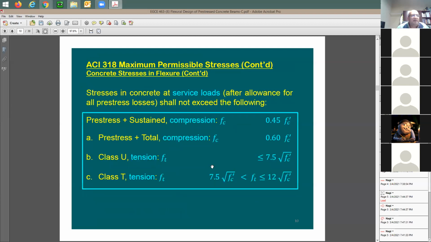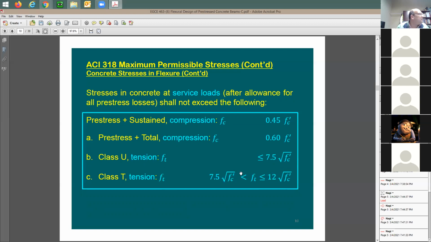You have the same thing if you like. If you have here this class U, which means tension, you need to keep the stresses within 7.5. It's gonna be uncracked. It's gonna be transition, between these two values. It's gonna be cracked. It's gonna be okay to be more than 12 square root of F prime C, but you need to provide reinforcing.